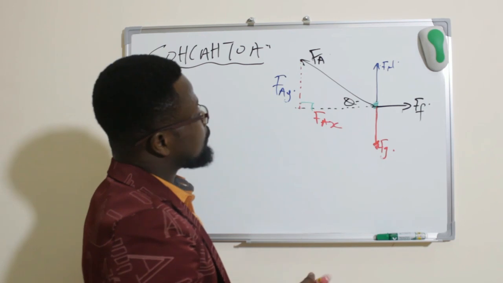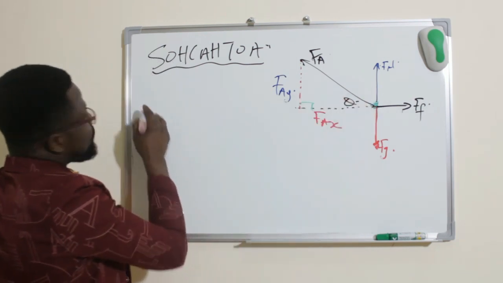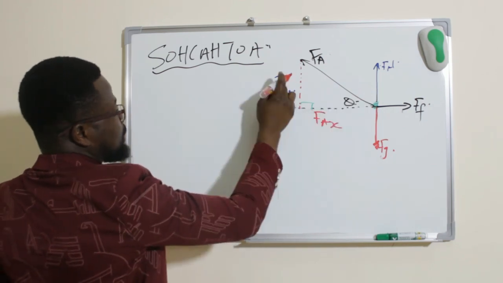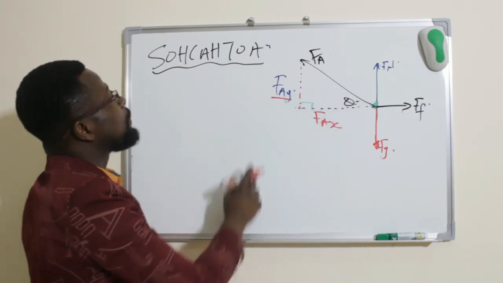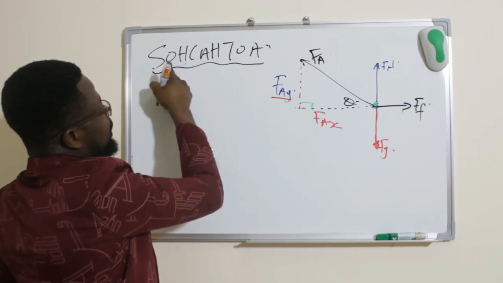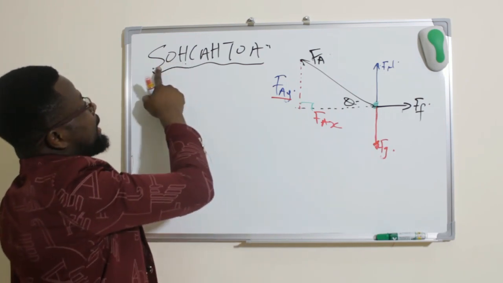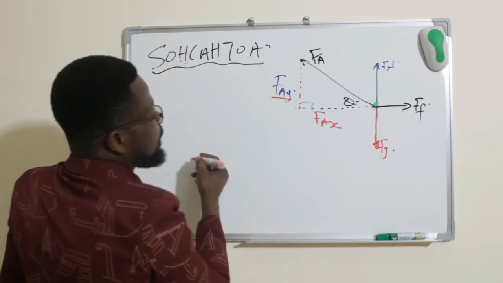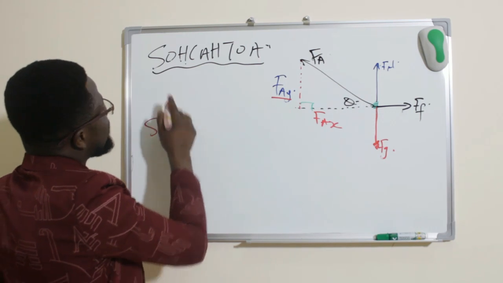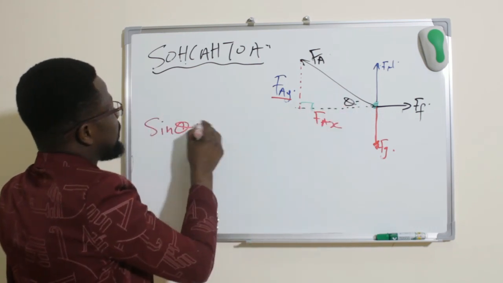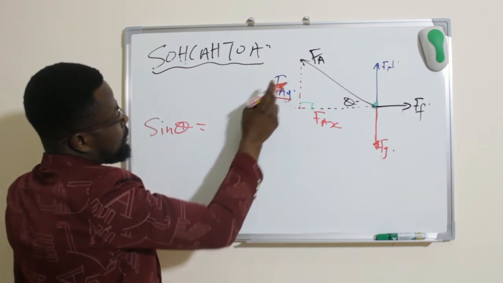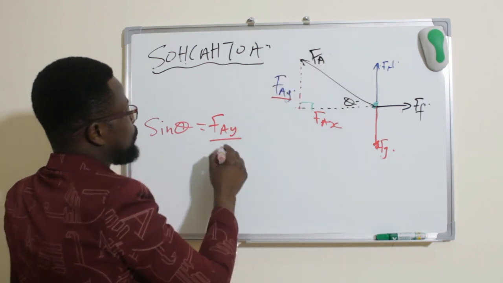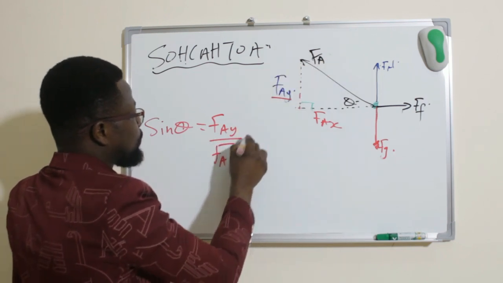So if I do that, finding the FAY, we'll say that it is the opposite, so therefore we're going to make use of opposite over hypotenuse, because sine is opposite over hypotenuse. So we're going to say that sine theta is equal to opposite, which is FAY, over hypotenuse, which is the FA.